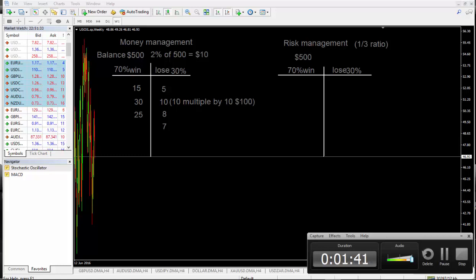If we lose 10 trades in a row, do you think that you will still have capital? No. Yes. Okay, to some of you guys, if you say that you won't actually have capital, it means now your money management is quite poor, right?